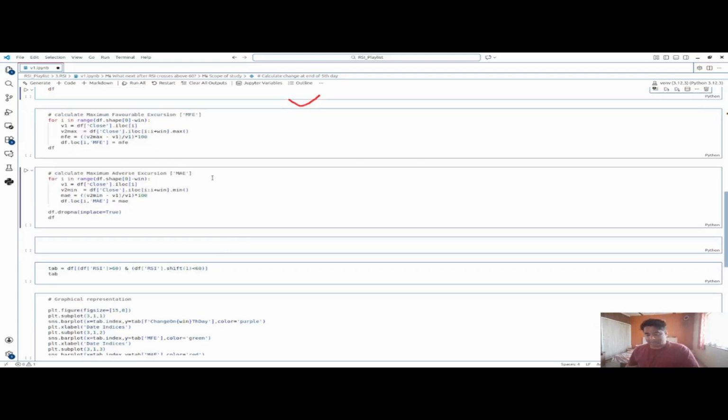So let me explain that for you. This is today's close. Price moved from this close to this, and this is how the price is at the end of the 5th day. MFE will be this.